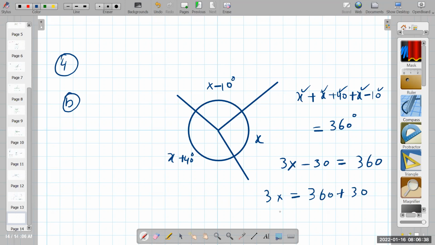So X is equal to 390 divided by 3. When we bring this 3 to the other side, it will divide. So X equals 130 degrees, and that will be a 120 degrees angle and that will be a 170 degrees angle. Understand?